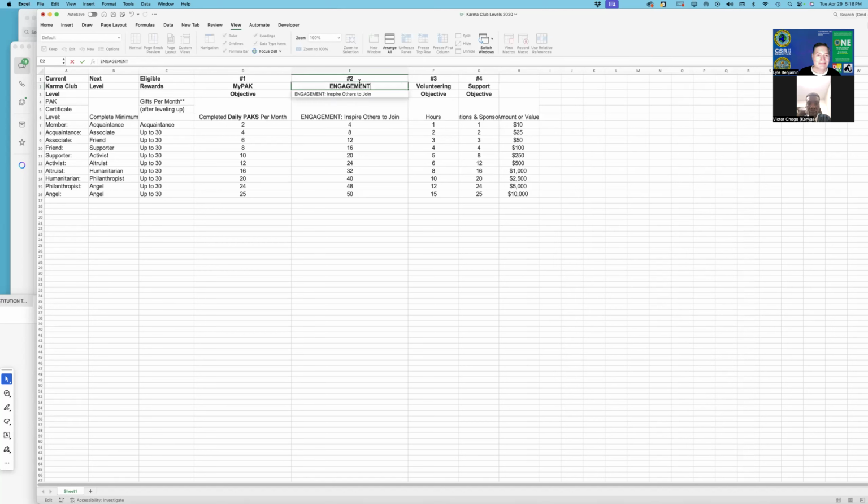There. Daily packs, engagement, volunteering. Now it should be in alignment with what you see on the app. And then support. And then completed daily acts per month.